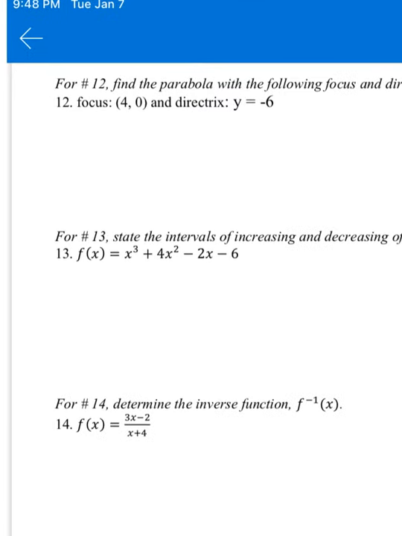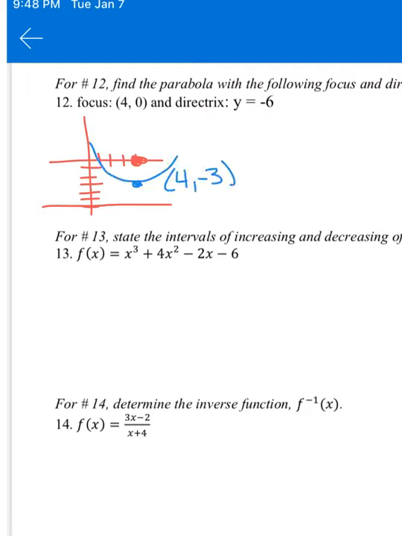Number 12, we have the focus and the directrix. So again, if you graph this, 4, 0 is right here. Y equals negative 6 is right here. The point that's in the middle of them, that's your vertex. So that point is right here, which is 4, comma, negative 3.